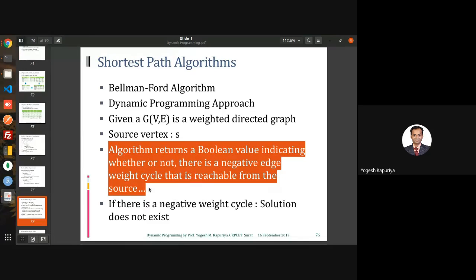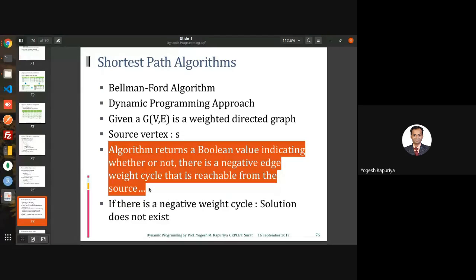This is important. What it says is that the algorithm returns a Boolean value. That means the outcome also gives information about whether there is any negative weight cycle or not, which is not possible in Dijkstra's approach. It returns a Boolean value indicating whether or not a negative weight cycle is there in the graph.